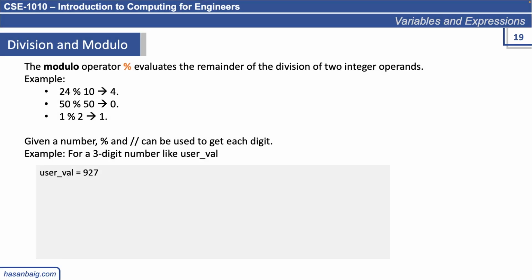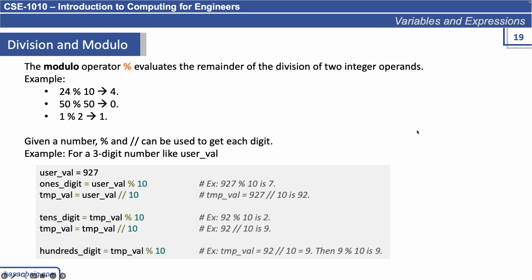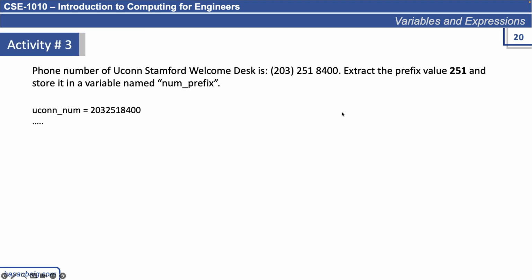Let's go back and see, we have an activity coming up. This is the same example that I have just explained, maybe in a different way, but the idea is the same. This is activity number 3. Suppose a phone number, if you call a Stanford welcome desk, is 203-251-8400.